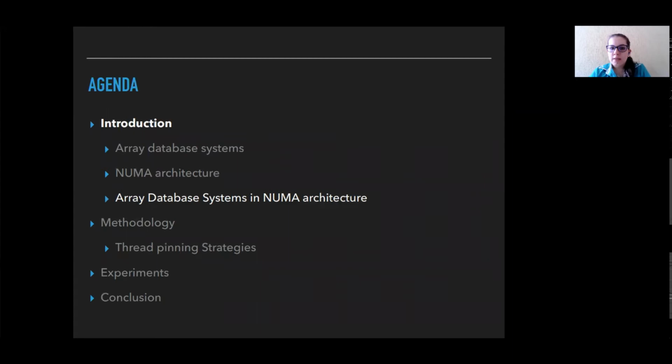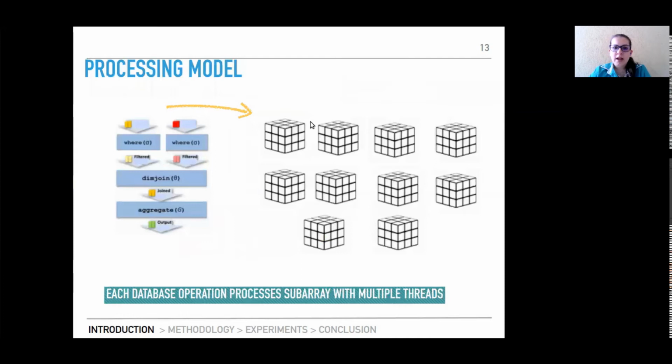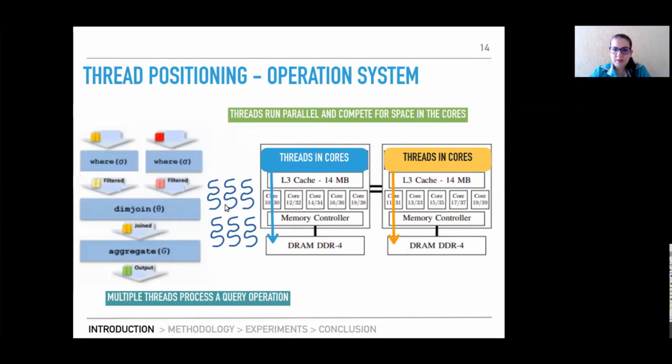The array database systems store the array in small pieces called chunks. An array can have many chunks that are processed during the query running. In the parallel execution, the chunks are processed by multiple threads. The threads are pinned in the NUMA architecture by the operating system.